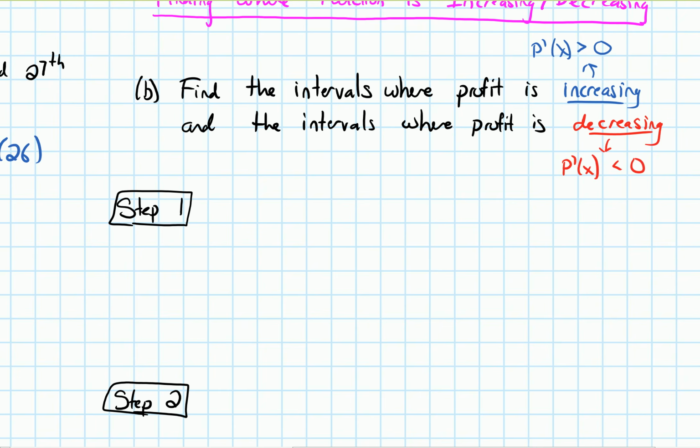So the first step to figuring out where the profit function is increasing and where it's decreasing is to find the x values where p prime of x equals 0 or is undefined.